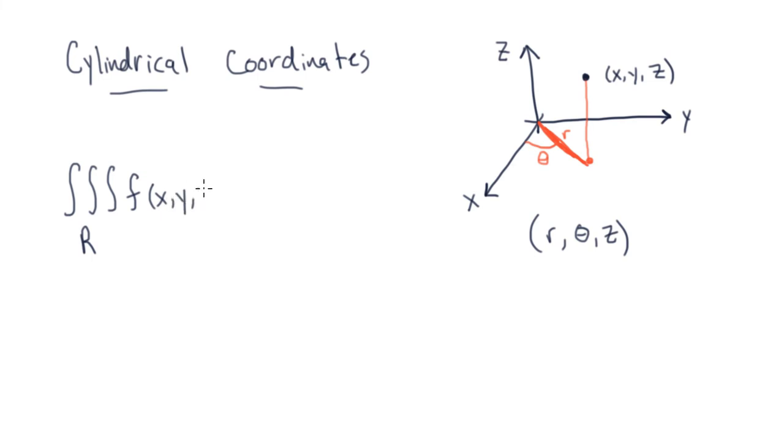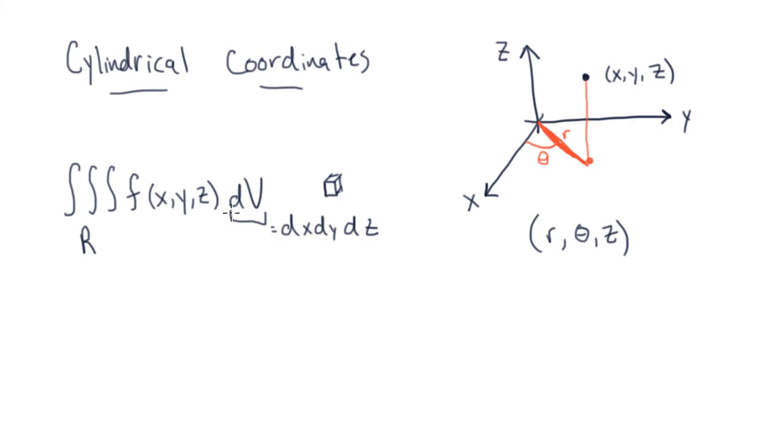And the way we do that is very similar to how we did with polar. Remember that in Cartesian coordinates, dv was dx dy dz, for some little box, a little volume element in space, with width dx, length dy, and height dz.